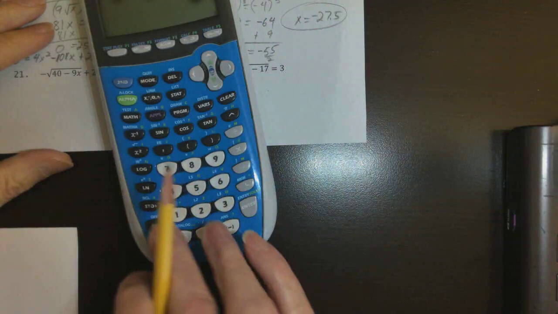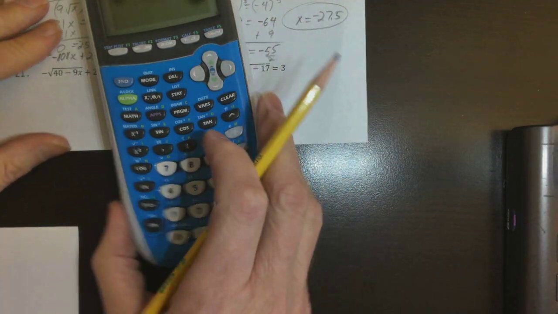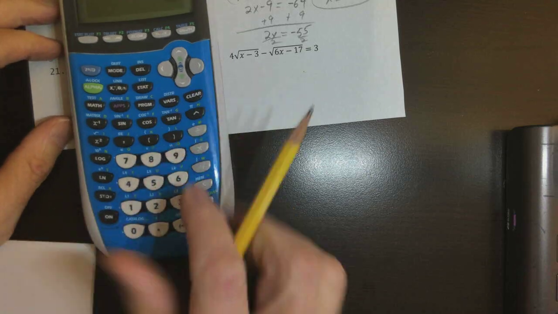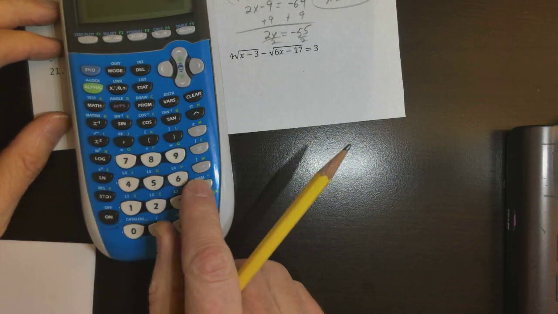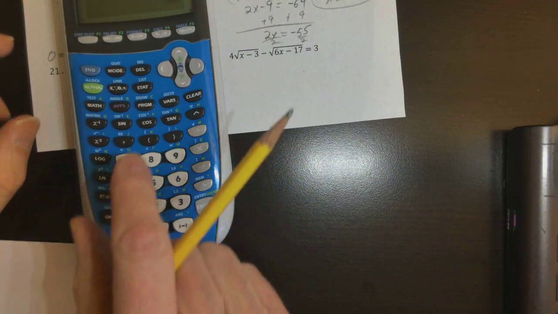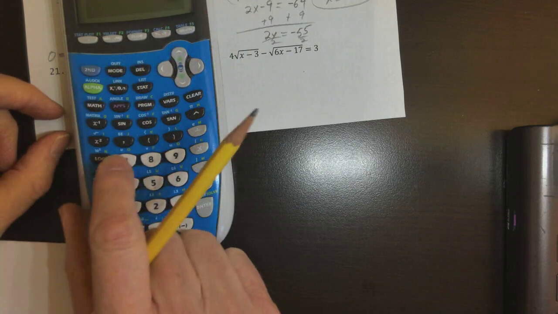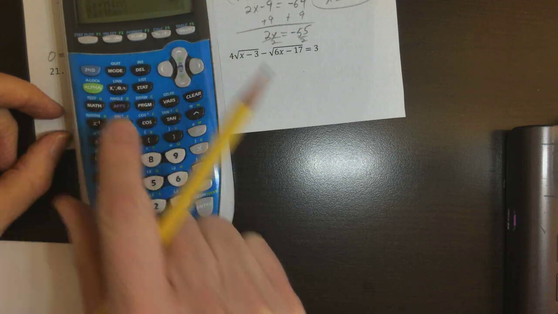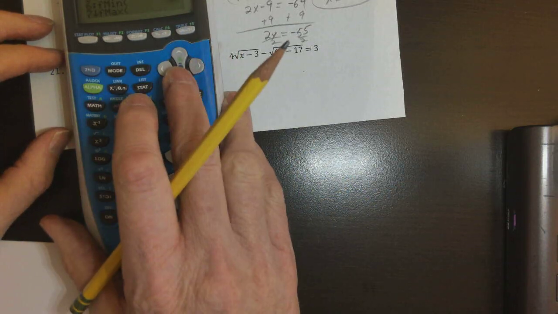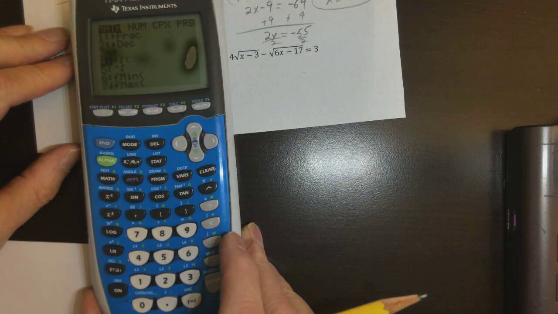I'll just check this one on the calculator. 4 plus, now cube root is actually programmed on here, I think. Math, not second. See number 4 down here? Maybe not.